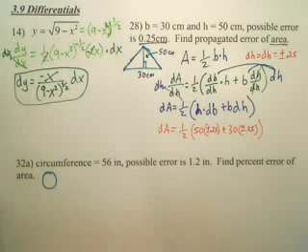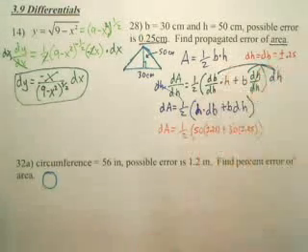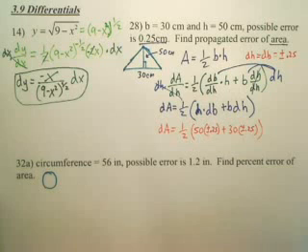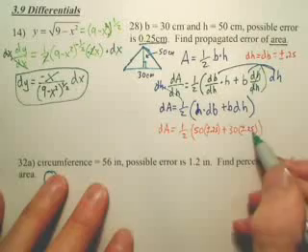You guys okay with that? My dB and my dH, the base and height, could both be off by 1/4 centimeter. When I do this, could I pull a GCF out?